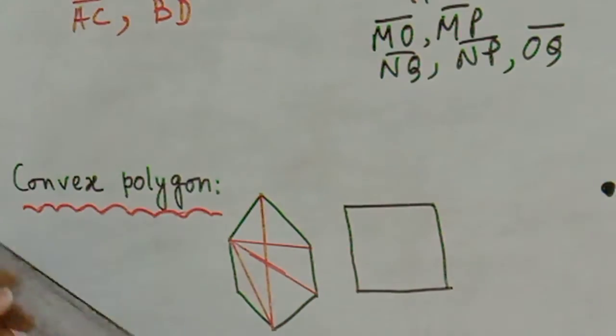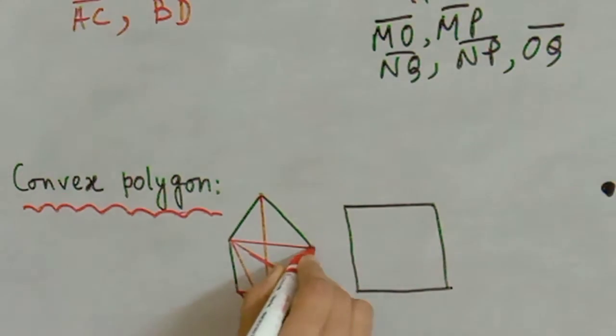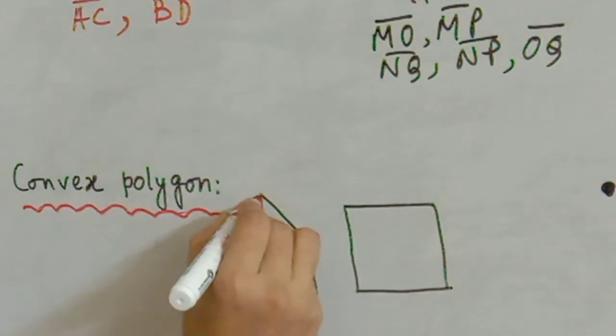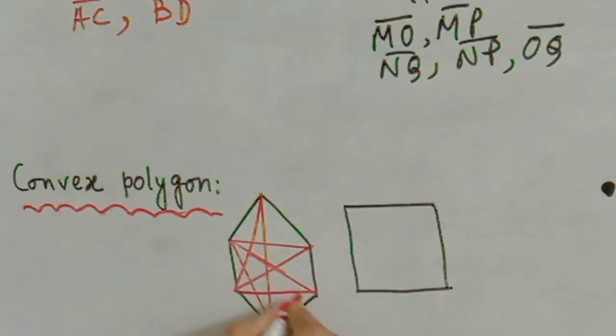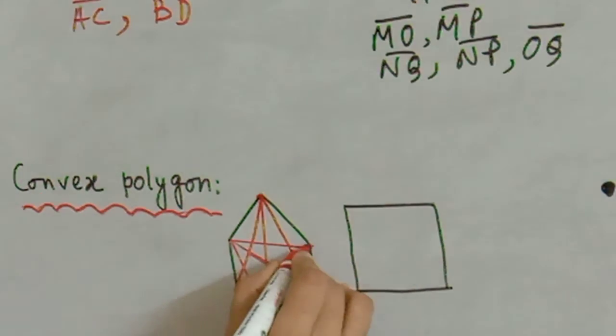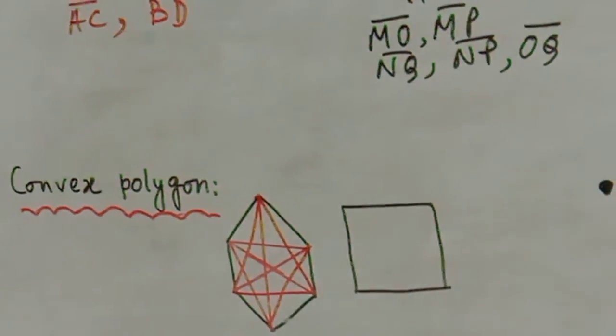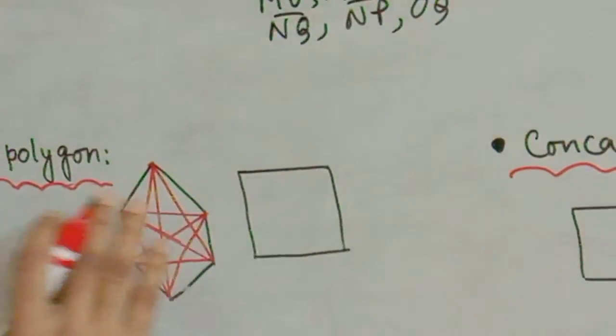From this point you can draw many diagonals, from this point also, one here, another here, from this point also 1, 2 and 3. So many diagonals you can draw, but all the diagonals are inside the figure.